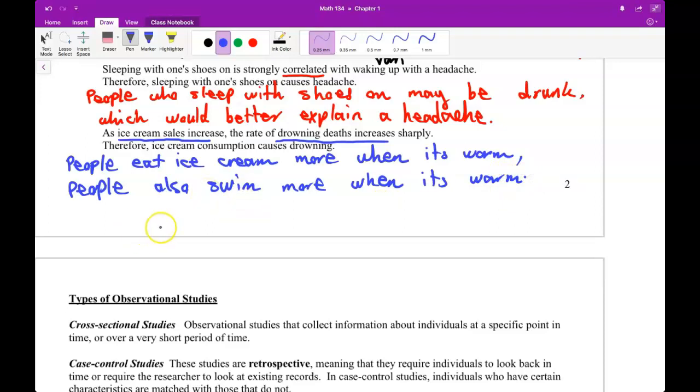So swimming more is likely to be related to drowning deaths, not ice cream consumption.